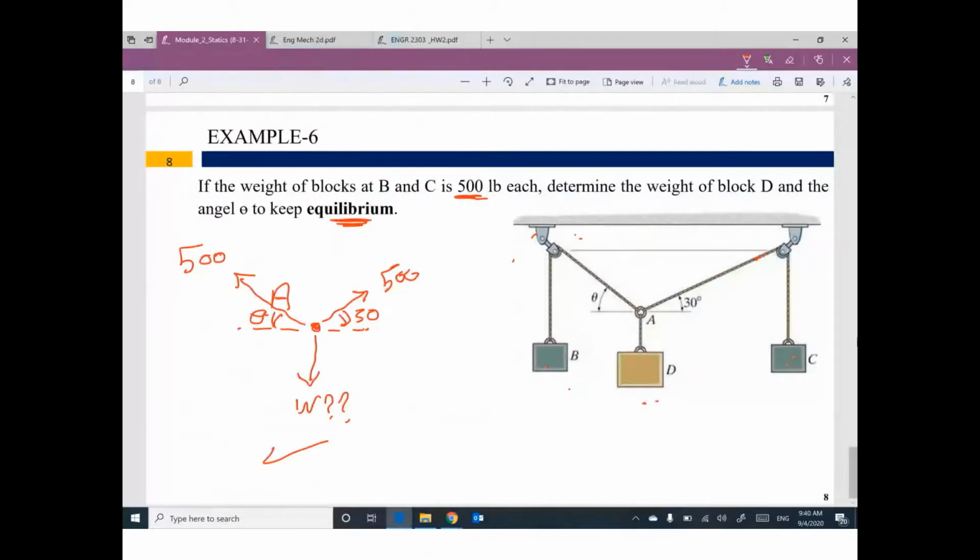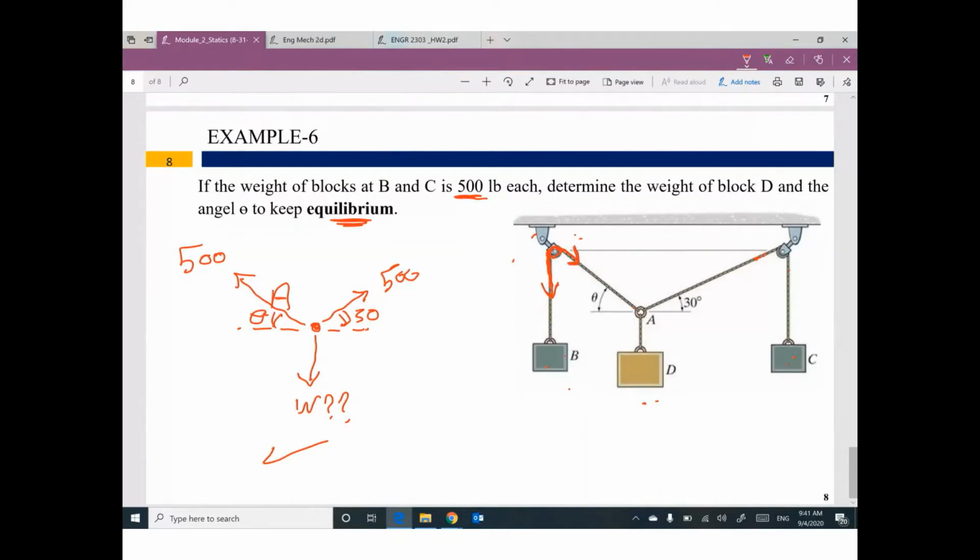The first concept: if you have a pulley and a rope around this pulley, the force on this side must equal the force on the other side.